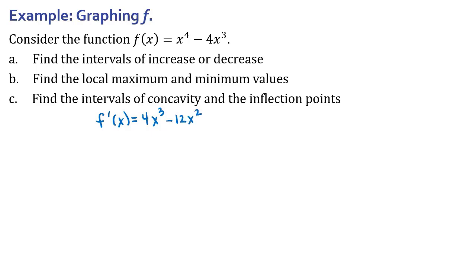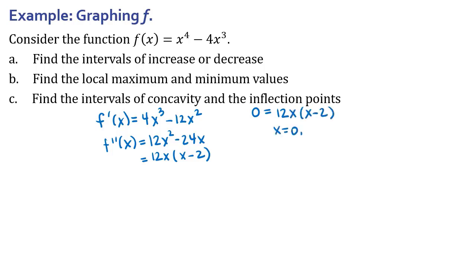The second derivative ends up being 12x squared minus 24x. Let's factor out 12x, and we're left with 12x times the quantity x minus 2. So that second derivative equals 0 when x equals 0 or x equals 2.